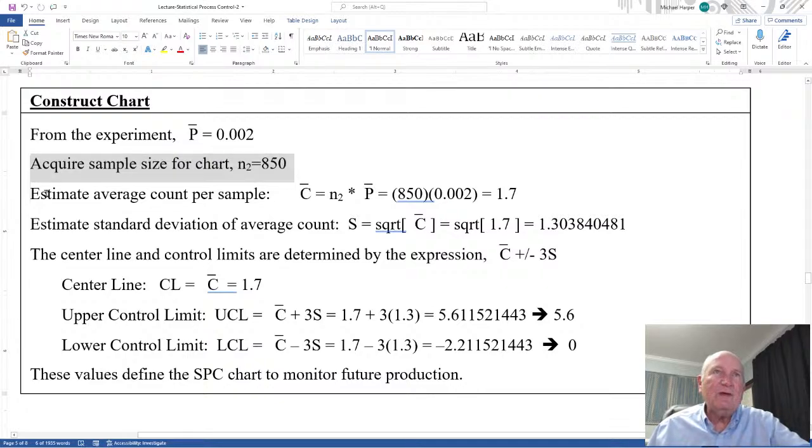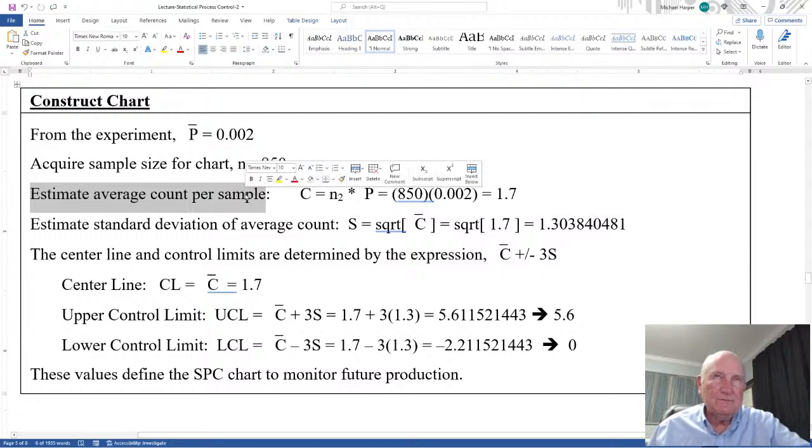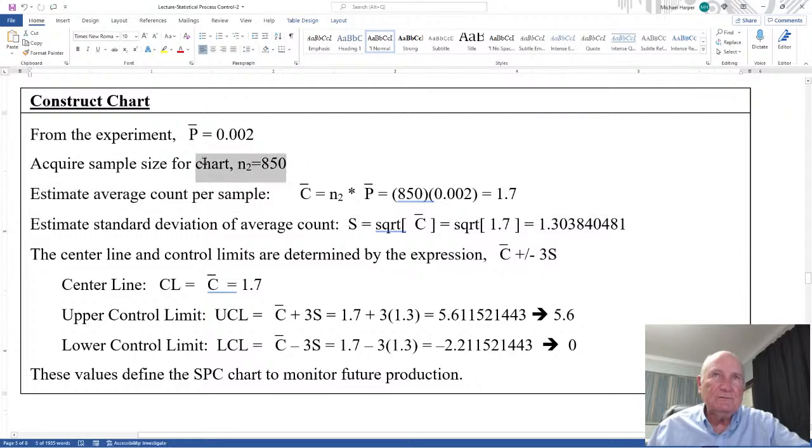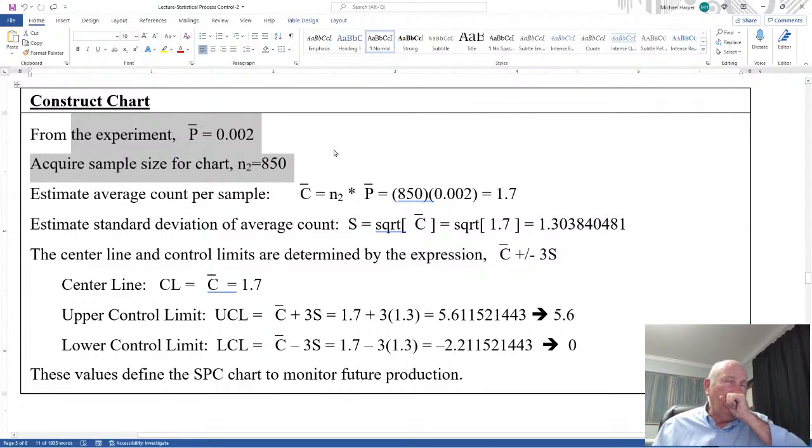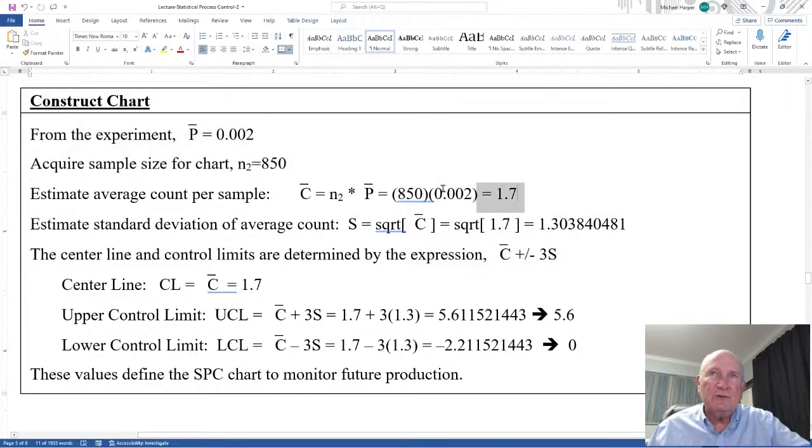And then now we estimate the average count per sample. But since that's our sample, and that's the proportion of our attribute in the sample, or the probability that each observation is an attribute, then essentially what we do is we take the sample size times p bar, and that's going to be our average count, 1.7.